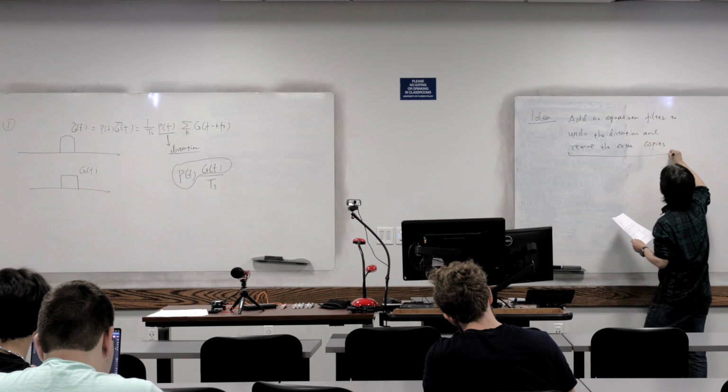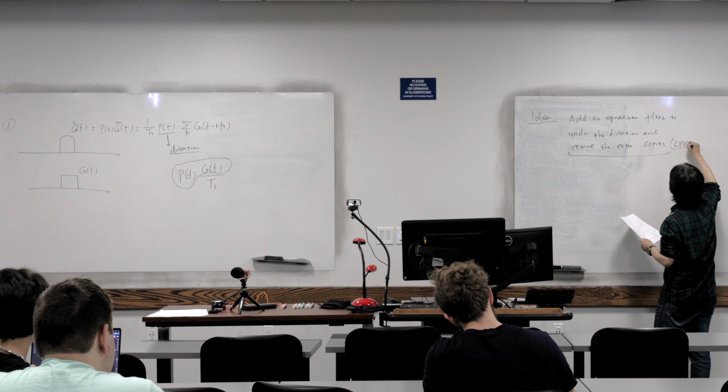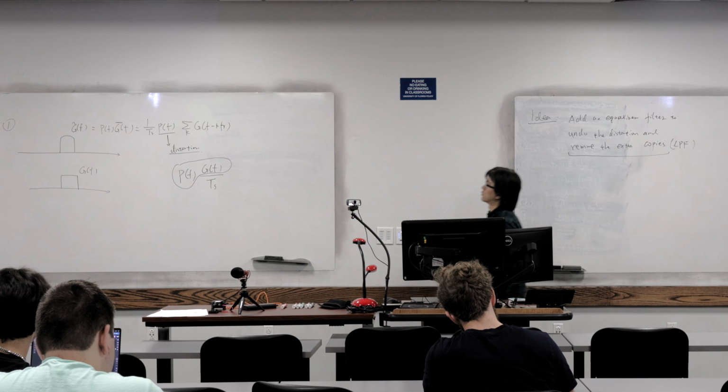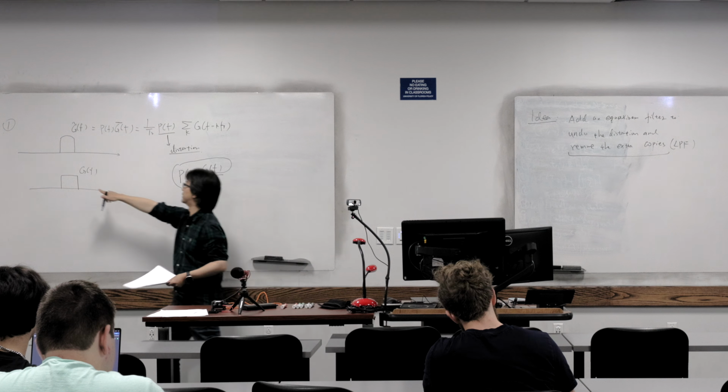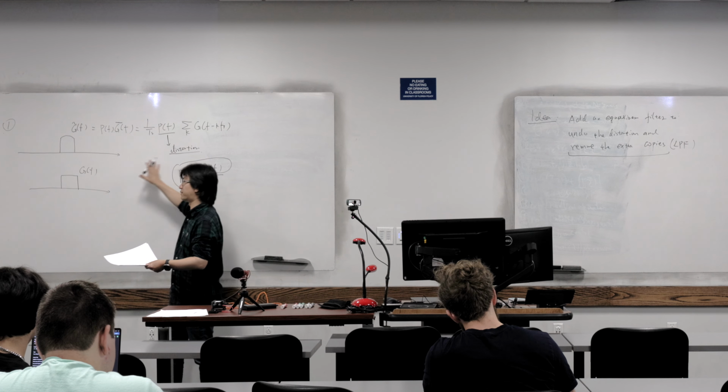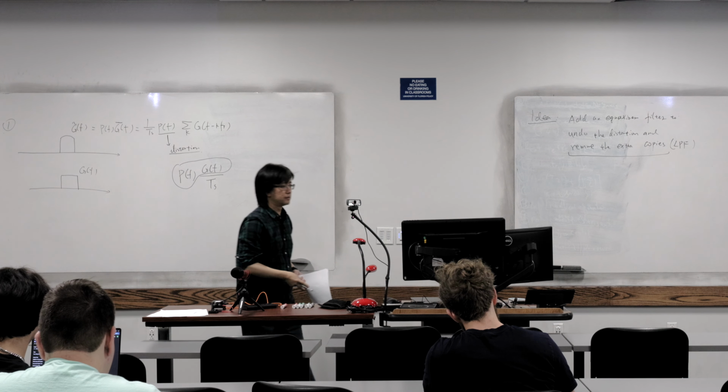Removing extra copies basically means that it also has to be an LPF, right? To undo the distortion is only meant for the middle part, right? But for everything else, we need to remove it.